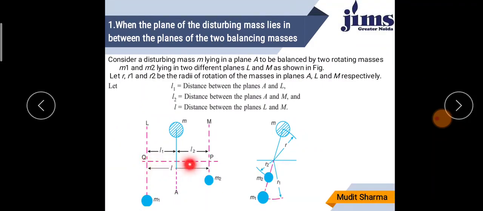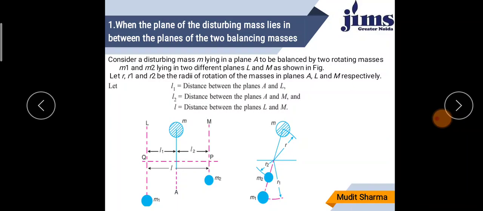Okay, this is a shaft which has the disturbing mass m. There are two planes L and M, and it is to be balanced by the rotating masses M1 and M2 in different planes L and M, as shown in the figure.